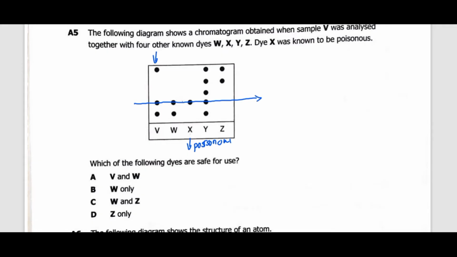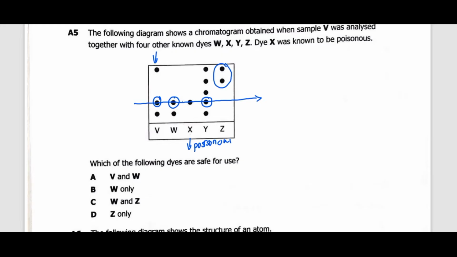So if you see, we can see that V is part of X, which is poisonous. Here we have this spot which is poisonous. X, here we know X is poisonous. Then W is also poisonous. But for Z we can see that there is no spot for Z. So meaning this is giving us that Z has no spots that has poisonous.